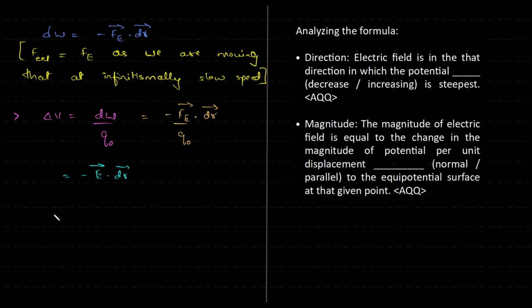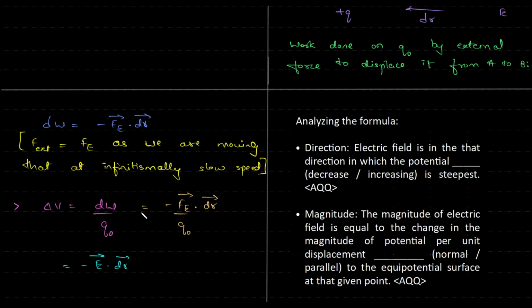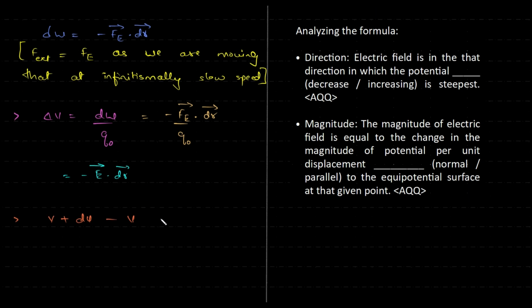Now, dV is on the LHS. So delta V is equal to the potential at B minus the potential at A. So this is what we have written, is it not? V and V plus delta V, a small increase in potential. That is equal to minus E dot dr.